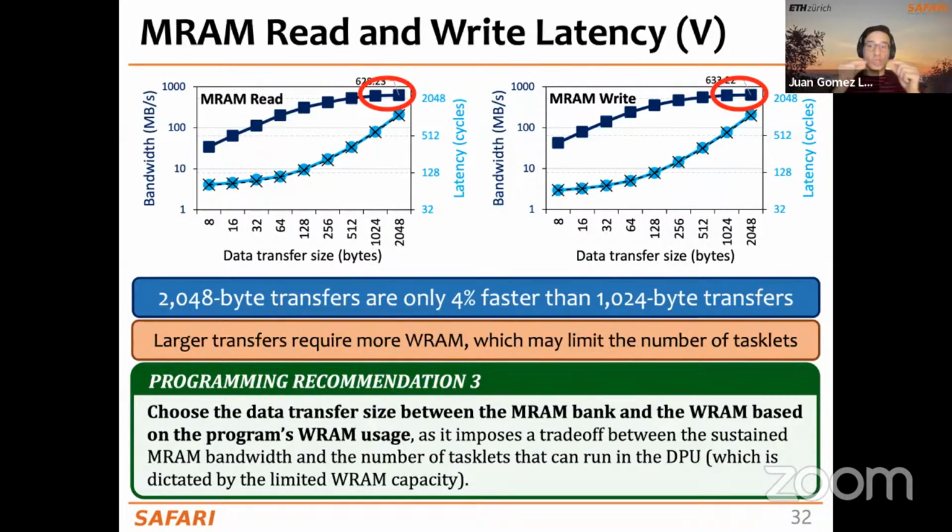And in that case, you would need to reduce the number of tasklets that you use in the program. If you don't want that to happen, what you can do is use smaller transfers. 1024 byte transfers would allow you to have 4 arrays of 1024 bytes allocated in WRAM per tasklet. So this might be important in terms of the occupancy of the DPU, or the number of tasklets, sorry, that we are running on the system.